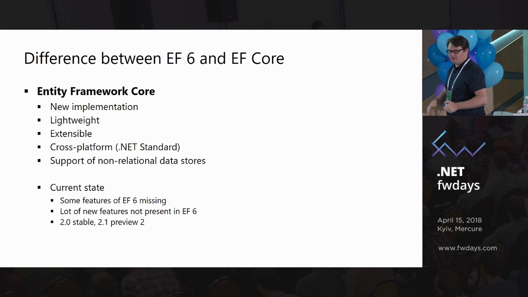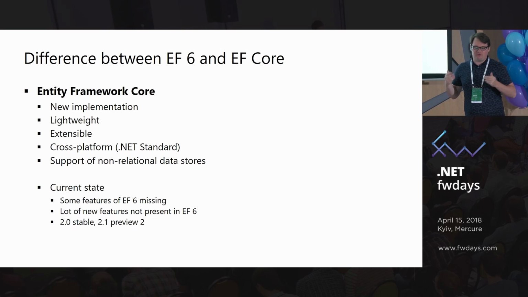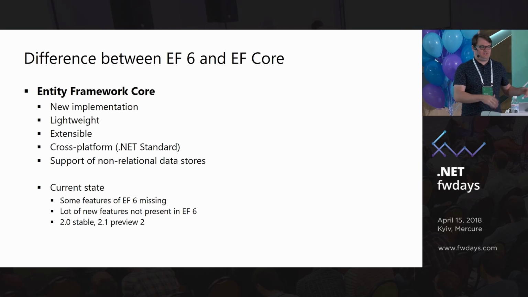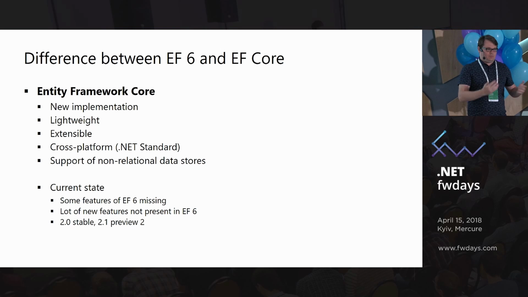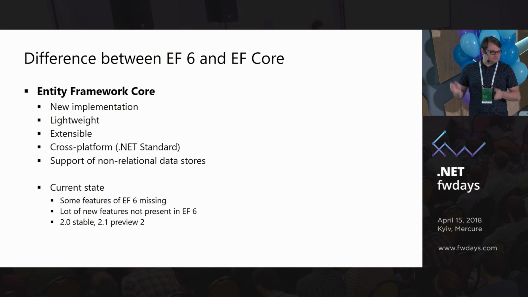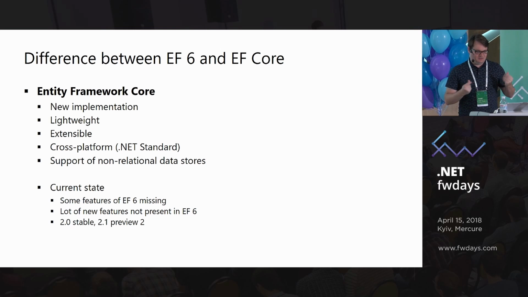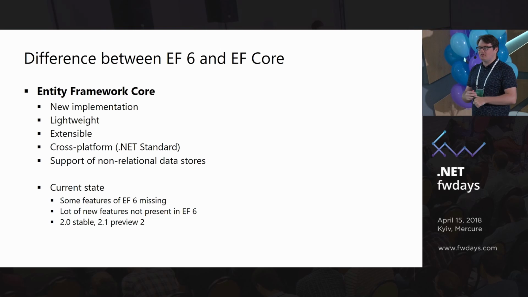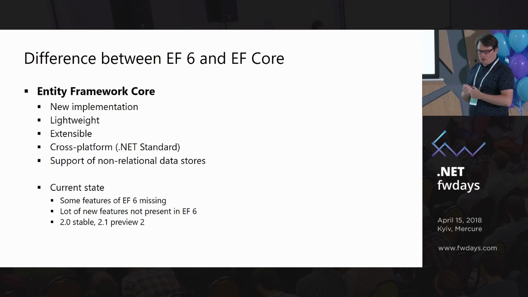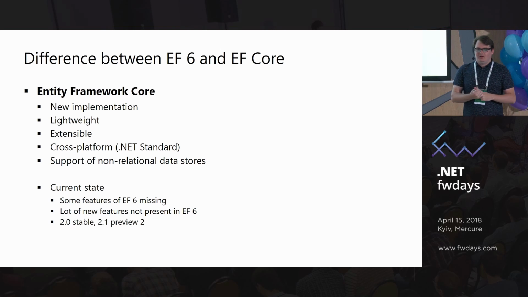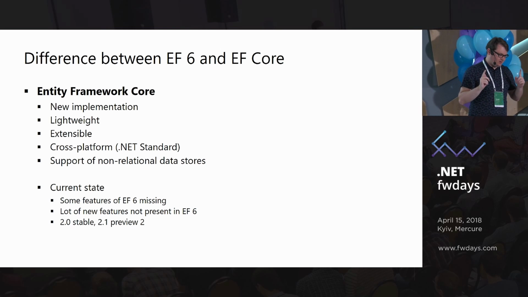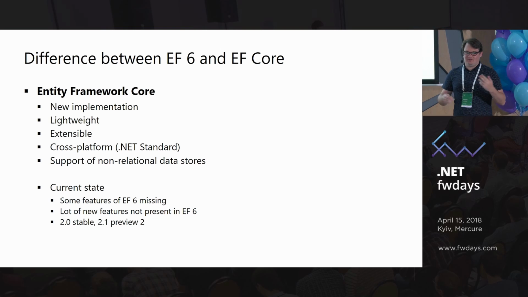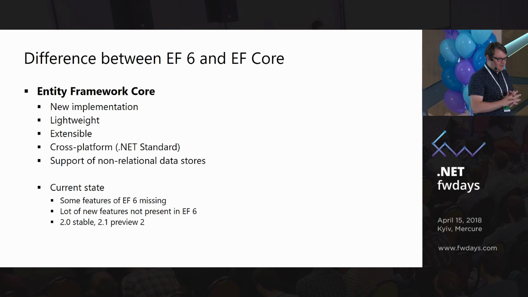And also, there are a lot of new features that are only in EF Core and they are not backported into EF6, which may change in the future, but it will take some time. So the current stable version is 2.0, and 2.1 is in preview 2. The preview word is very important because I will show you some bug I have found when I was preparing for this session.